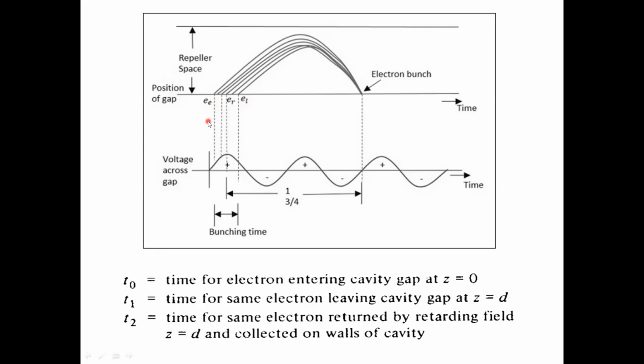In the initial condition, when Z equals 0, consider the electrons entering the cavity. That equals time T0. So I mentioned here the initial time T equal to T0. This T0 is the time at which a given electron enters the cavity at Z equals 0.